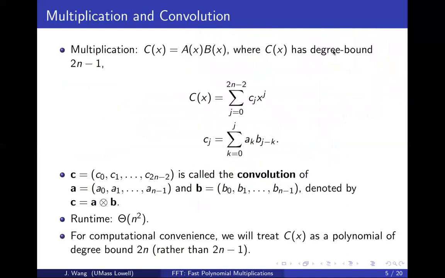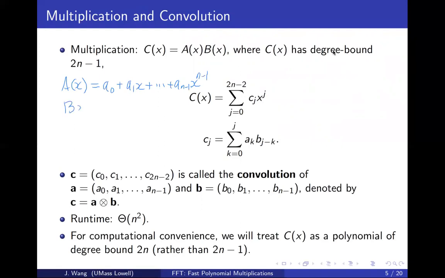Now let's look at multiplication, which is the topic for this video. We have two polynomials, and let's say they have the same degree bound n. So Ax is equal to a0 plus a1x plus up to a(n minus 1) times x to the n minus 1 power.